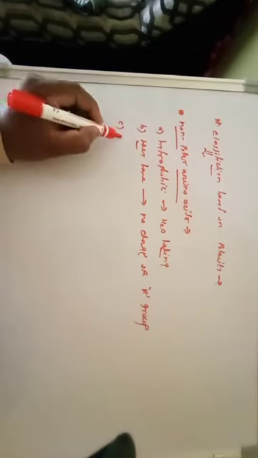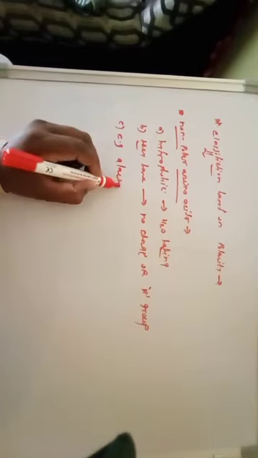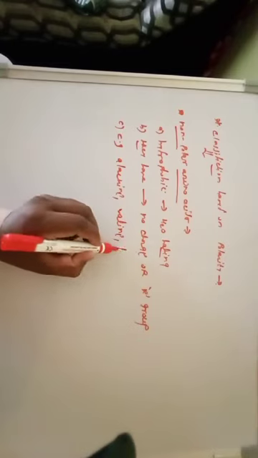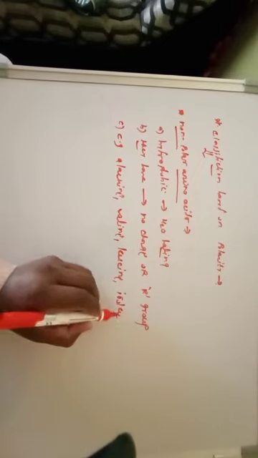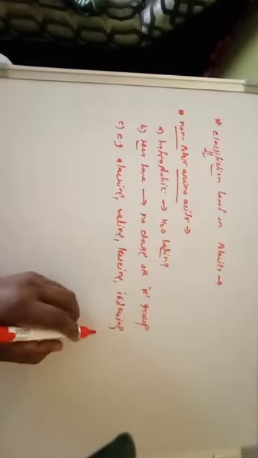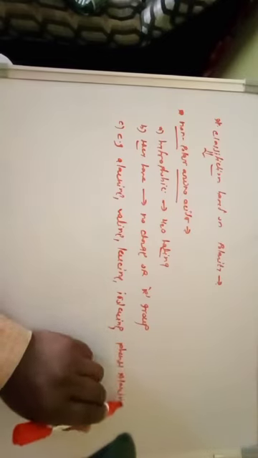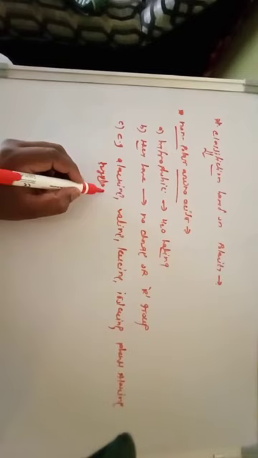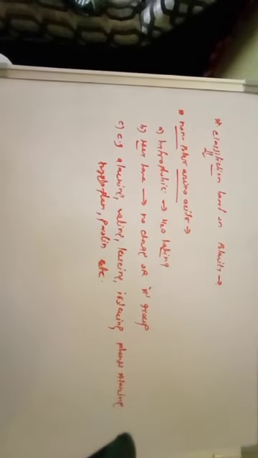Examples of non-polar amino acids include alanine, valine, leucine, isoleucine, phenylalanine, tryptophan, proline, etc. We already discussed the structure of these amino acids.